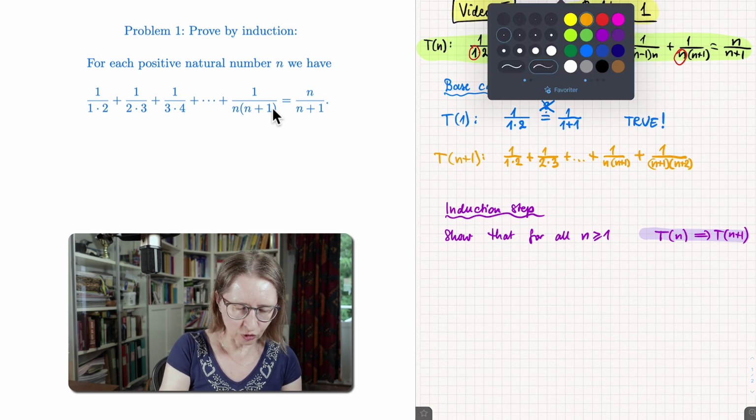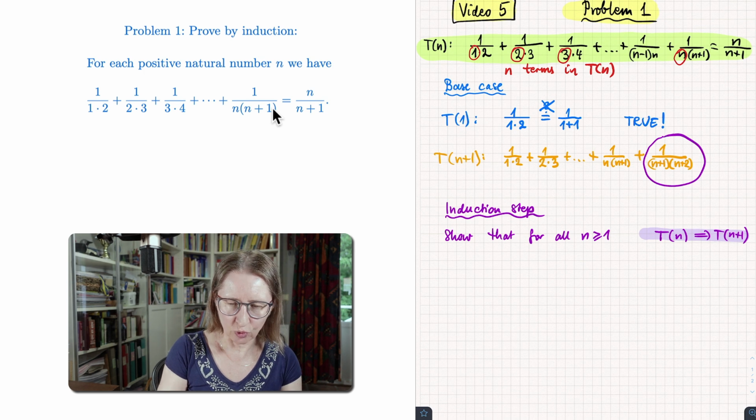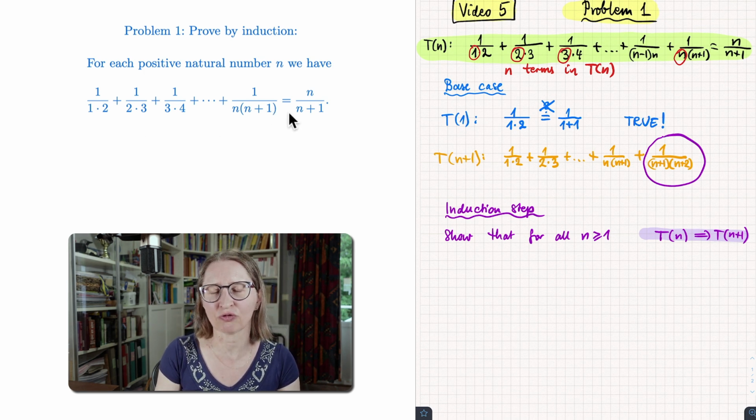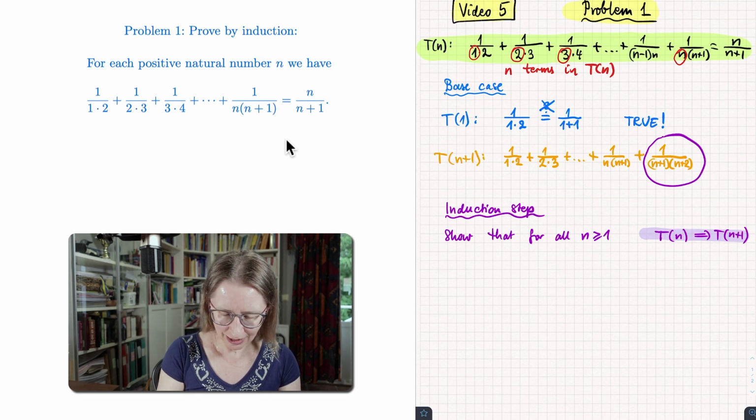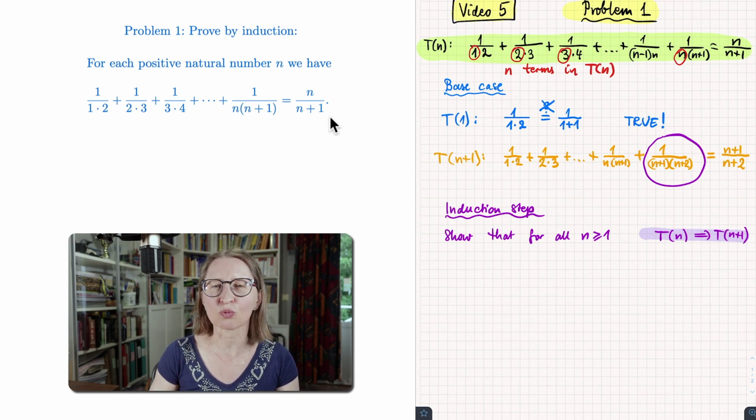So this is what we added to the left hand side for the formula for n in order to produce the left hand side for n plus 1. This is the left hand side of T of n plus 1, and the right hand side will be n plus 1 divided by n plus 1 plus 1, which is n plus 2. So this is T of n plus 1.